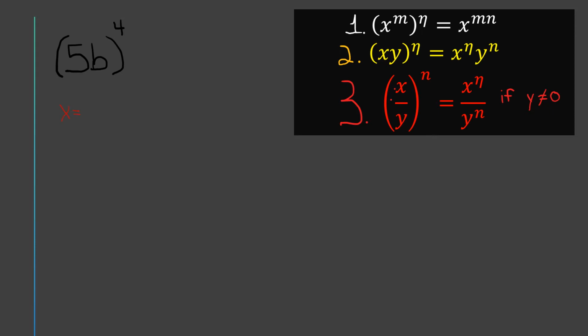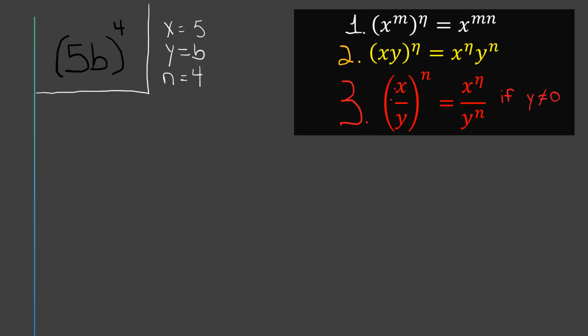As a matter of fact, let's do this in a different color. We'll say x is equal to 5. I put it right over here. x equals 5, y equals b, and n equals 4. Okay.